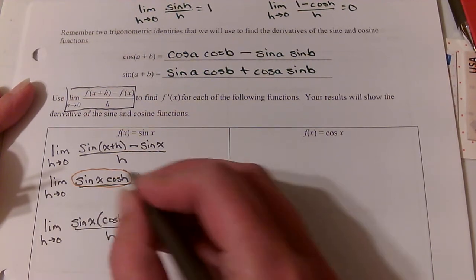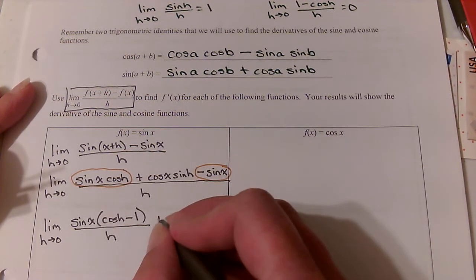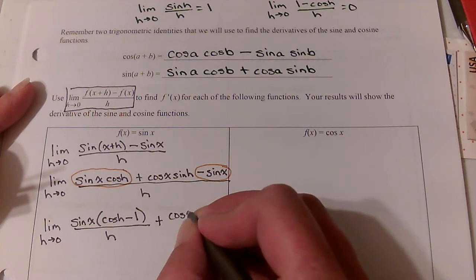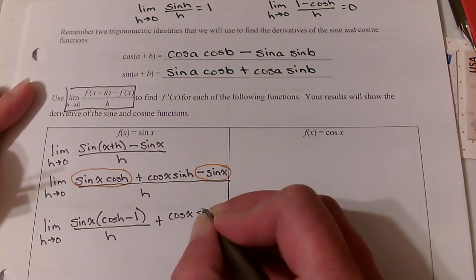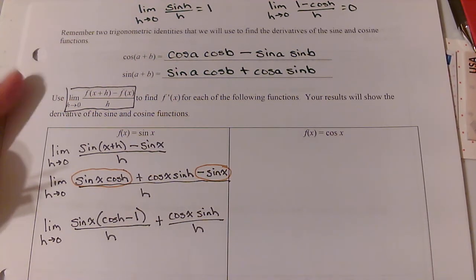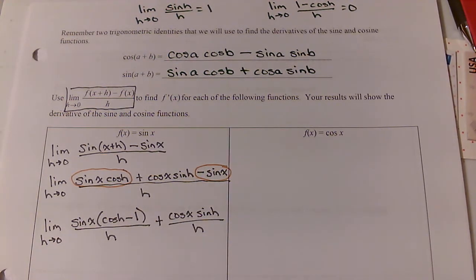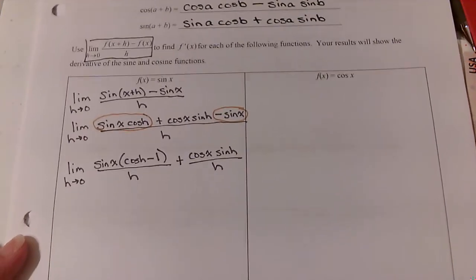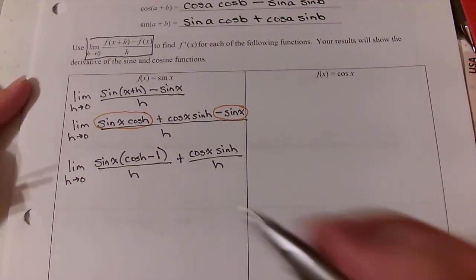Let's go ahead and split it up too and make that another fraction, so plus cosine x sine h over h. Remember, when we split it up like that, then we can take the limit of each of those as h goes to 0.